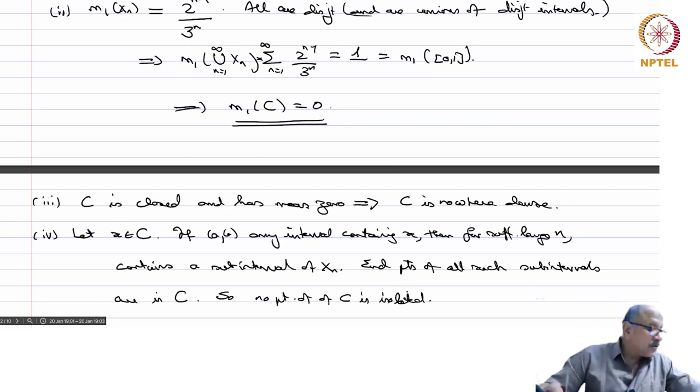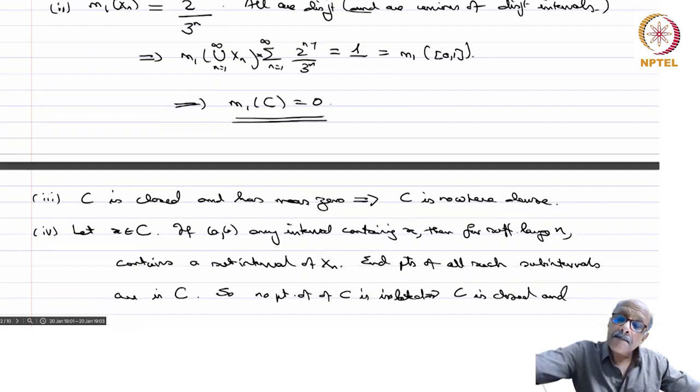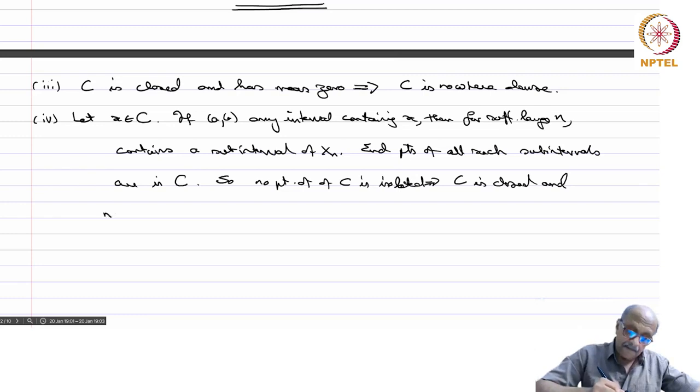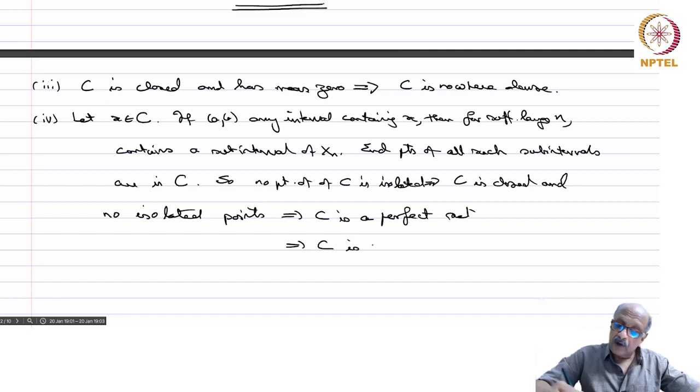So C is closed and has no isolated points. This implies C is a perfect set. That's the definition of a perfect set, and this implies C is uncountable.